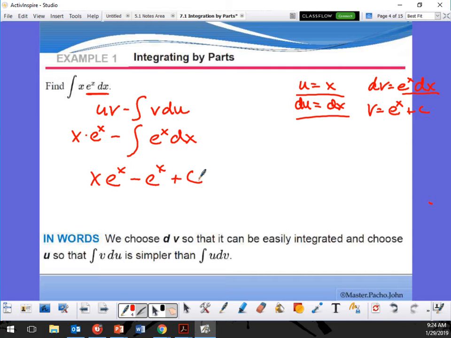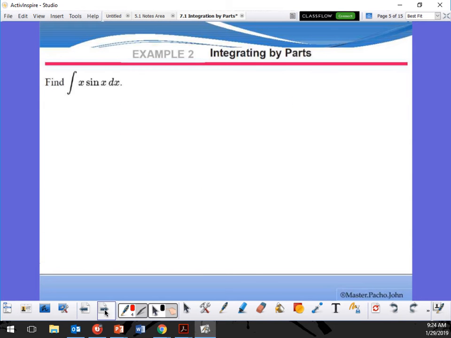All right, so now that we have that, let's take a look at this thing. Oh, second part. What's my x? Well, your u is x. My u is x. And my v is, or I'm sorry, my dv.